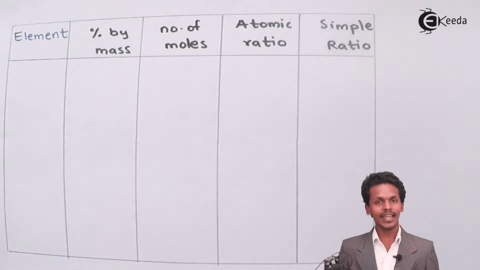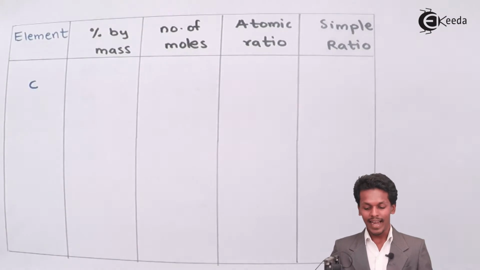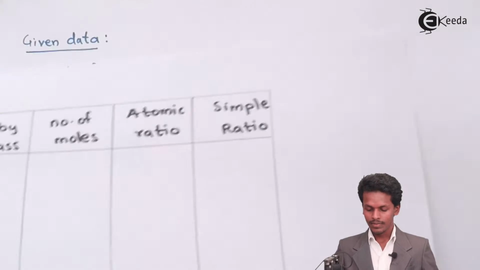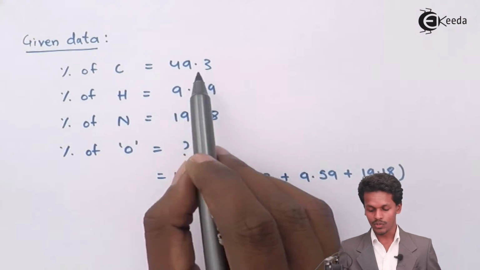So the first element that they have provided to us is carbon, and as we know, the percentage is given as 49.3, so I'll write it here.